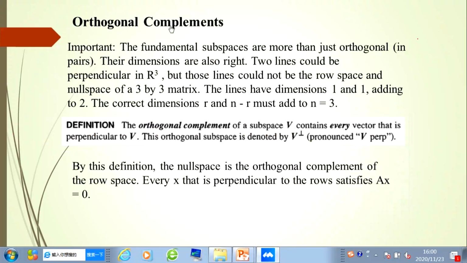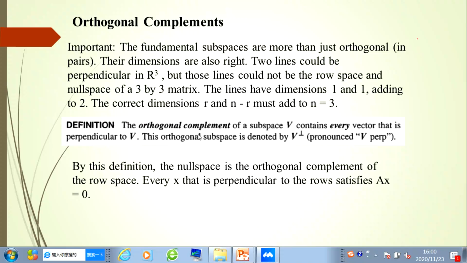The fundamental subspaces are more than just orthogonal in pairs. Their dimensions are also right. Two lines could be perpendicular in R3, but those lines couldn't be the row space and the null space of a 3x3 matrix. The lines have dimensions 1 and 1, r and n minus r. The correct dimensions r and n minus r must add to n equals 3, right?